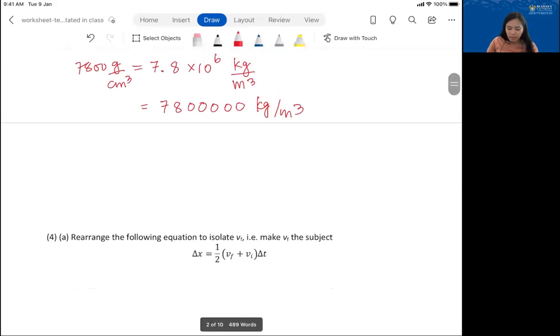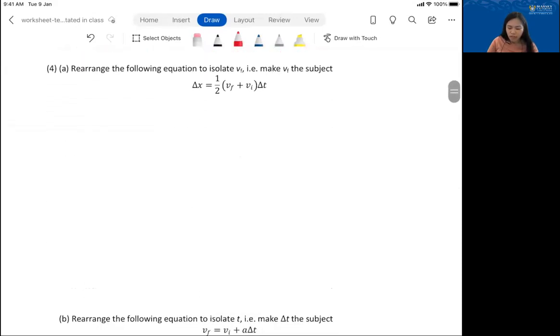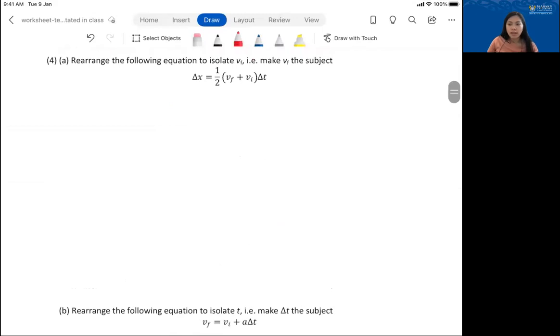All right, next we have here rearranging the equations. So you're asked to rearrange this equation to isolate VF, right? So I'll use the one I taught in class where you build up the equation and then do the reverse operations to arrive at the isolated equation.